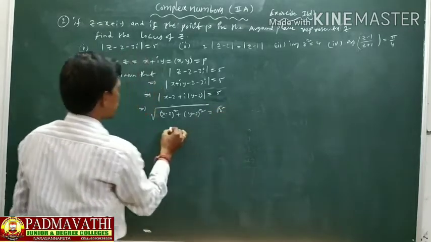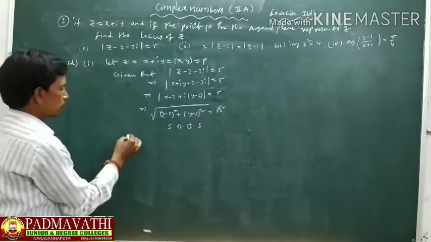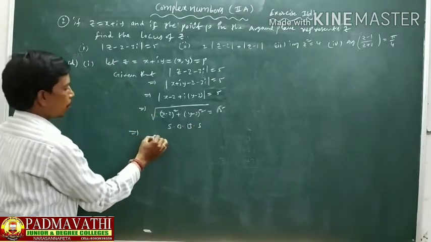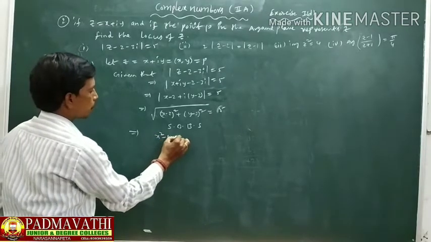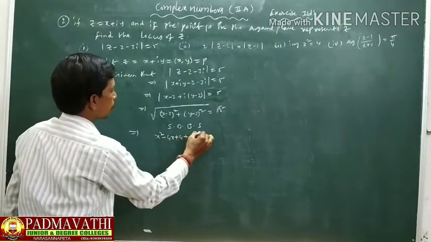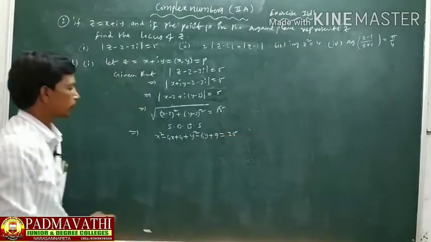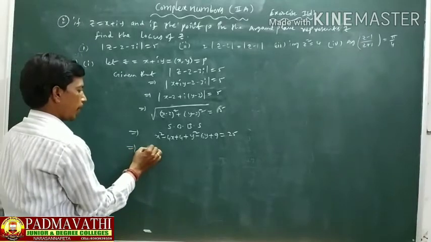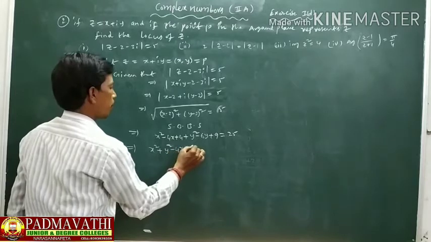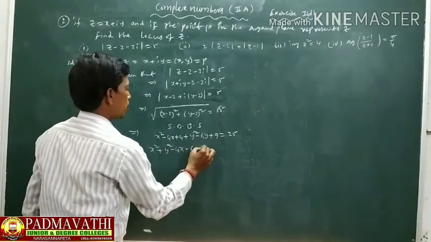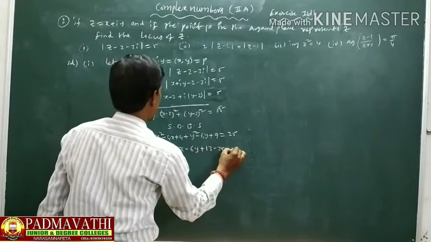Now squaring on both sides, (x minus 2) whole square, x square minus 4x plus 4, y square minus 6y plus 9 equals 25. That implies x square plus y square minus 4x minus 6y plus 13 minus 25 equals 0.